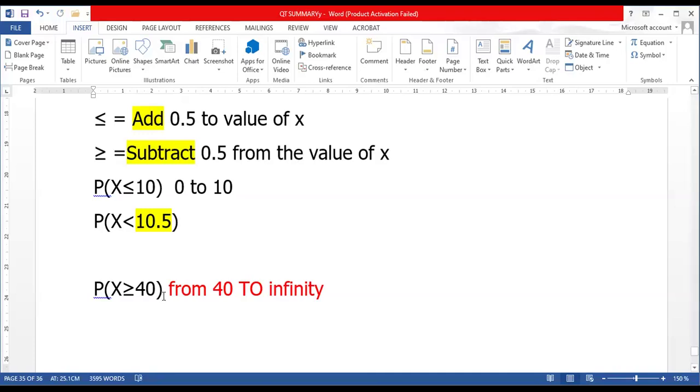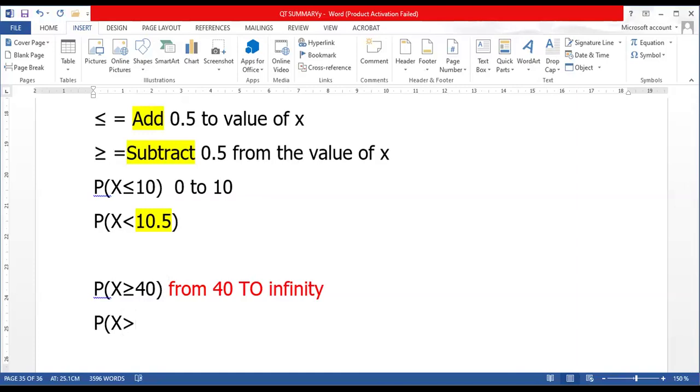very well. So, since you want values from 40 to infinity, and you want the exclusive value, we are saying subtract. Because if you subtract, you'll get a probability of x greater than, the sign remains the same, but without the equal to.